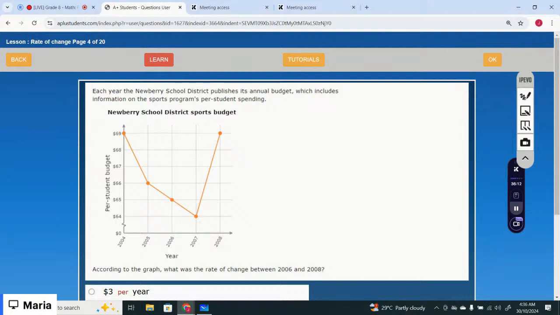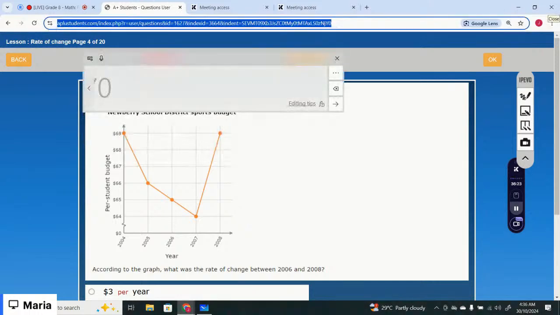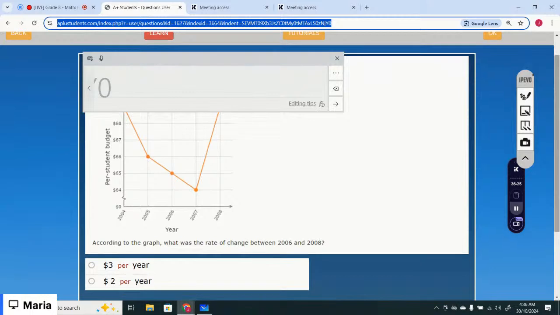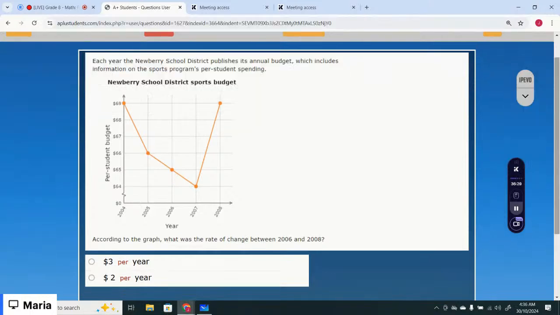Each year, the Newberry School District publishes its annual budget, which includes information on the sports programs per student spending. According to the graph, what was the rate of change between 2006 and 2008? So, which is the correct option?